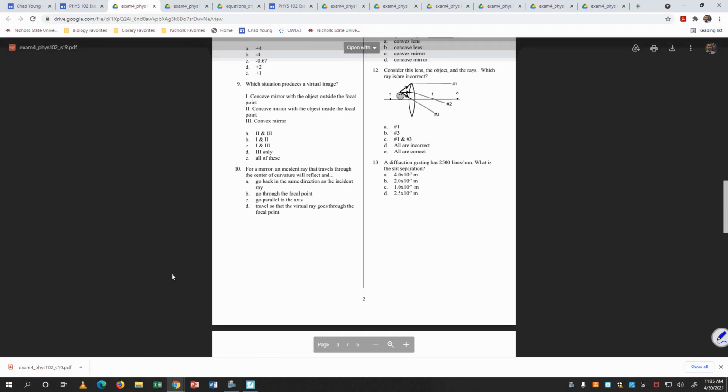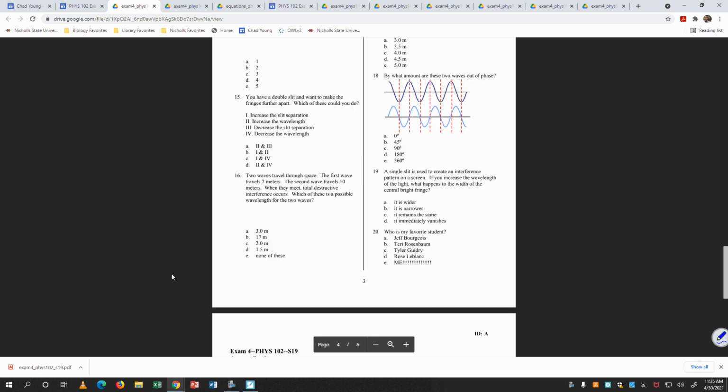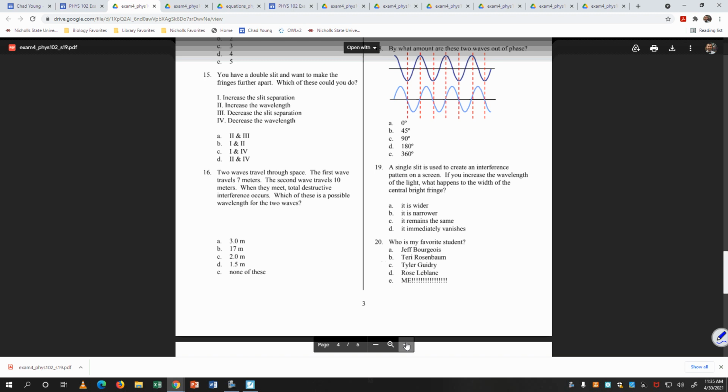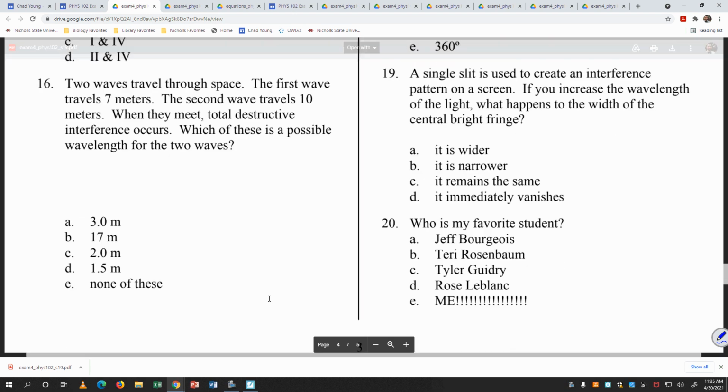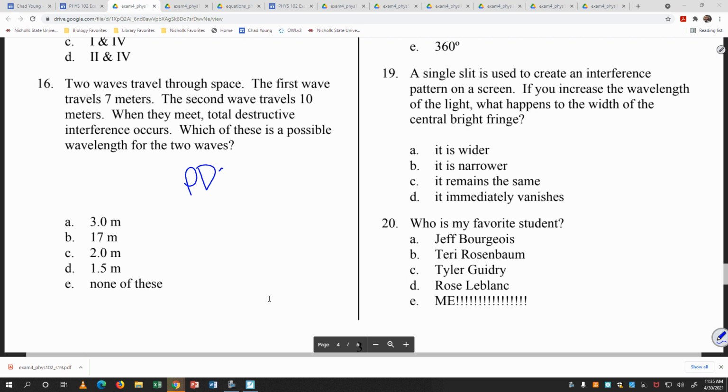Okay, number 16. Yeah, so remember Sam's tip on this, which is that you take your path length difference. Here my path length difference is equal to 10 minus 7, or 3 meters. And then I ask, well, I'm looking for destructive or constructive. I'm looking for destructive. That means I'm looking for something with a half in it.